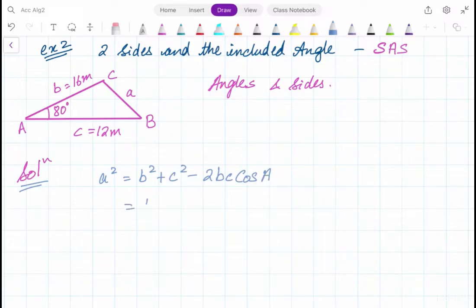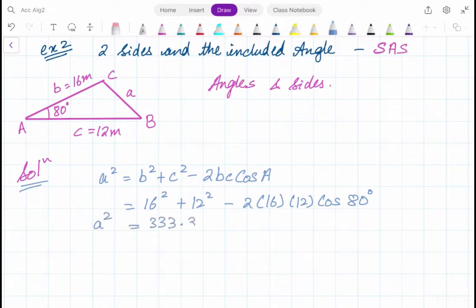So A squared will be plugged in with this formula, the standard form, and just put all the information in. Cos 80 degrees, because that is the angle that is given. If you solve it, you will get 333.3, but that is the squared, so take the radical on both sides.